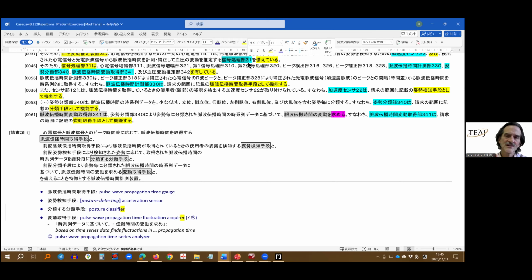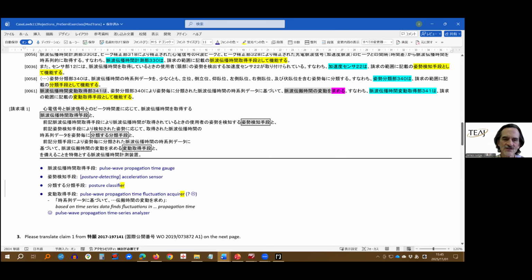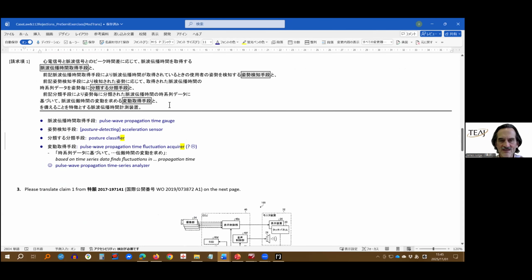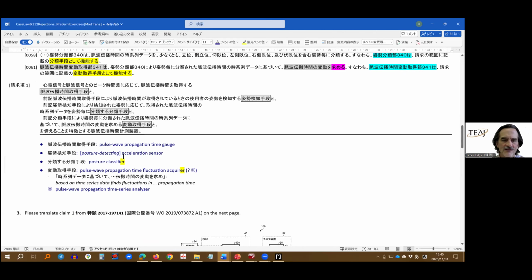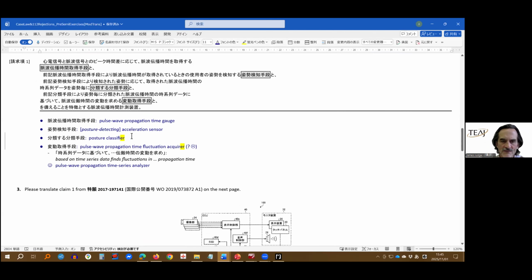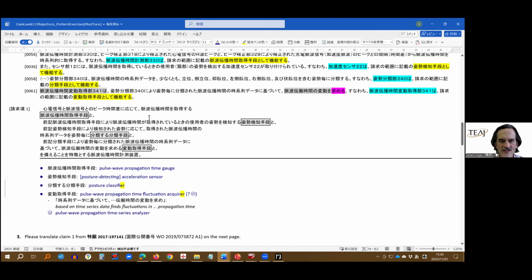So in my opinion, what would solve the means plus function interpretation issue is to claim the processor. But unfortunately, the original claim does not include the processor as an element. So because it does not, there is means plus function interpretation of those second 2 elements.